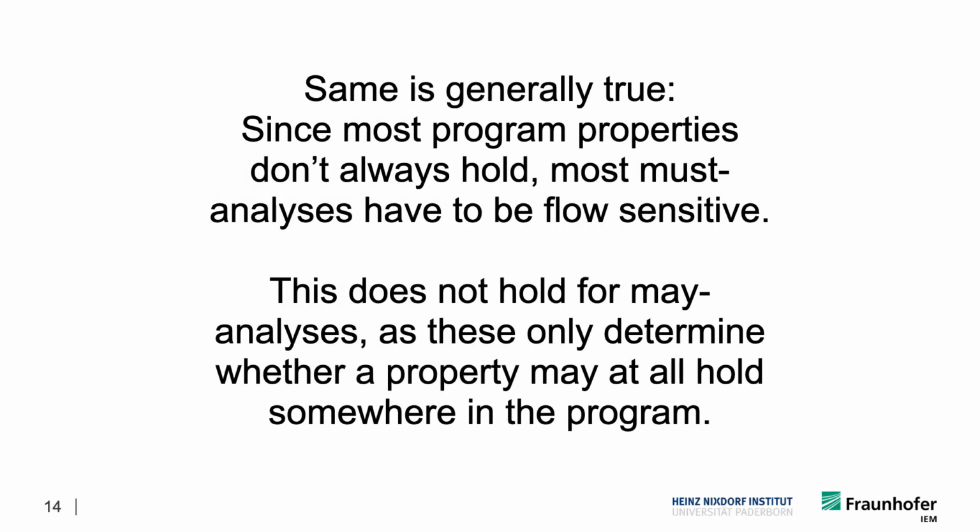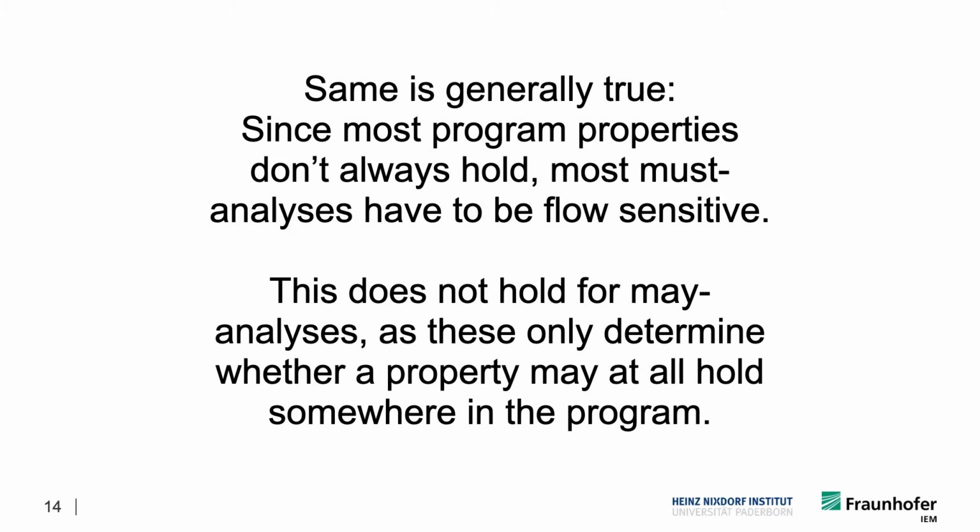And the same is generally true, not just for alias analysis. That's because really most program properties you can think of don't always hold, right? There's always some place in the program where typically that property is violated, often, for instance, at initialization time. And so really most must analyses have to be flow sensitive. I would even go so far as to say they all have to be.